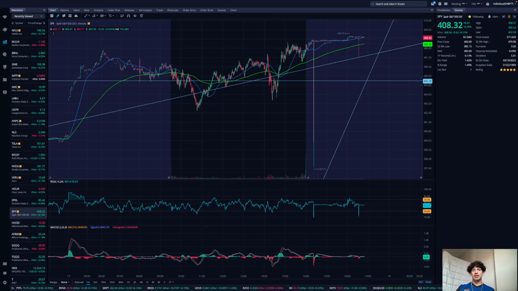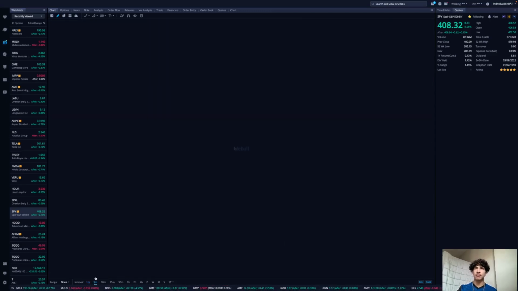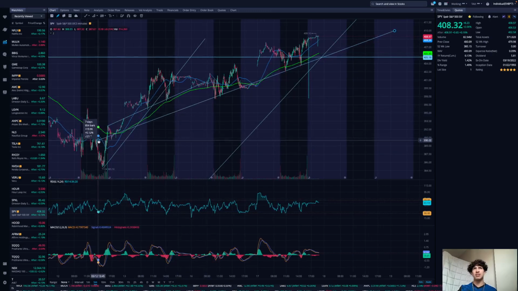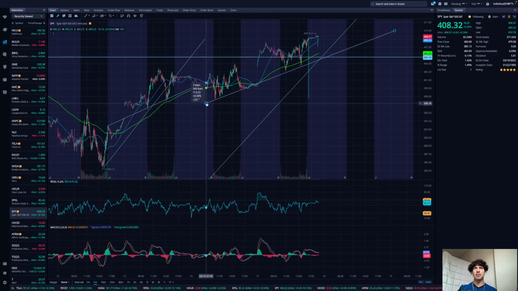Interesting day for SPY today. We're still resting on this support we've been riding for two or three days now. Yeah, about two days so far. I called the bottom at 385 last week on Friday.